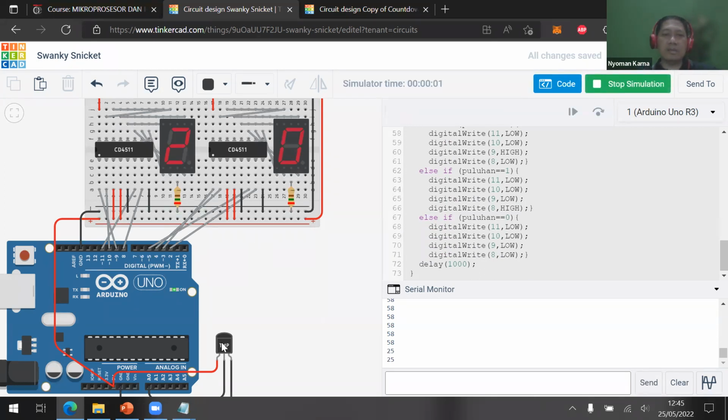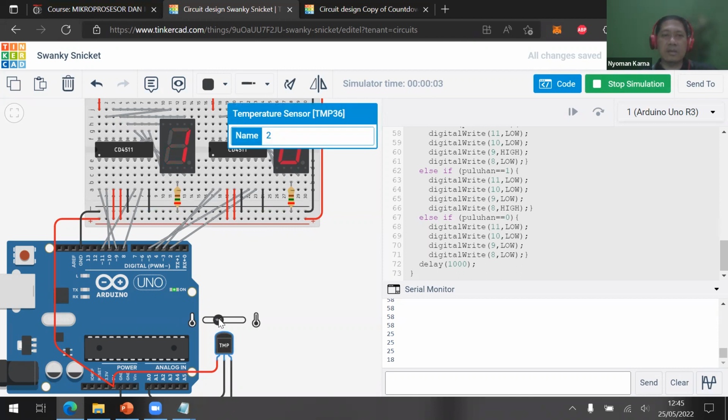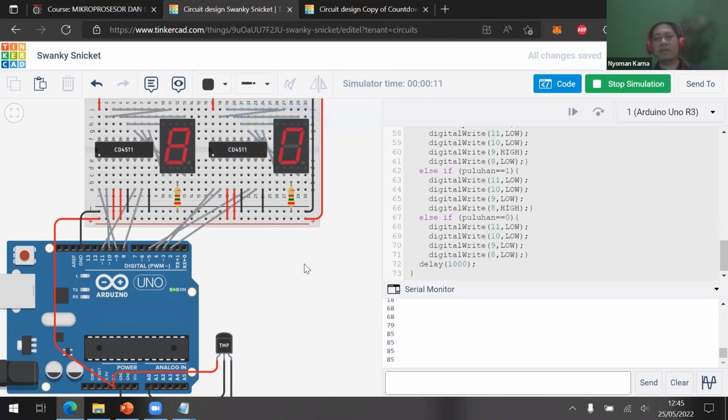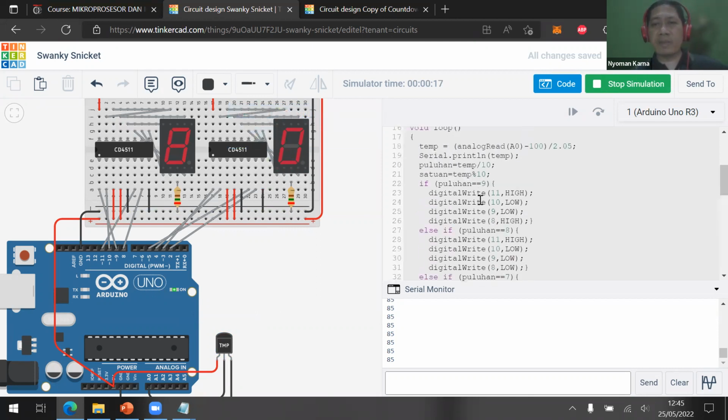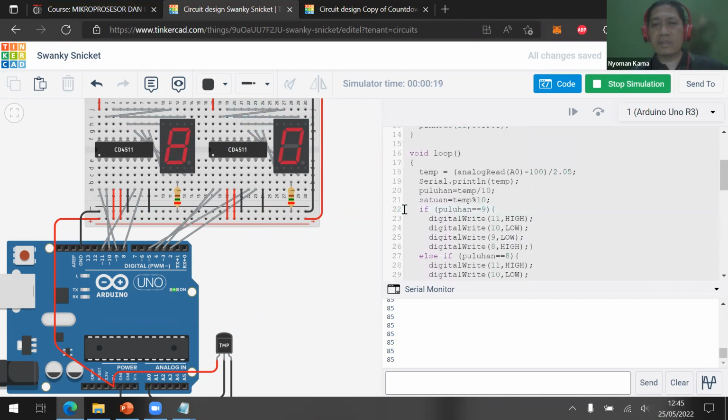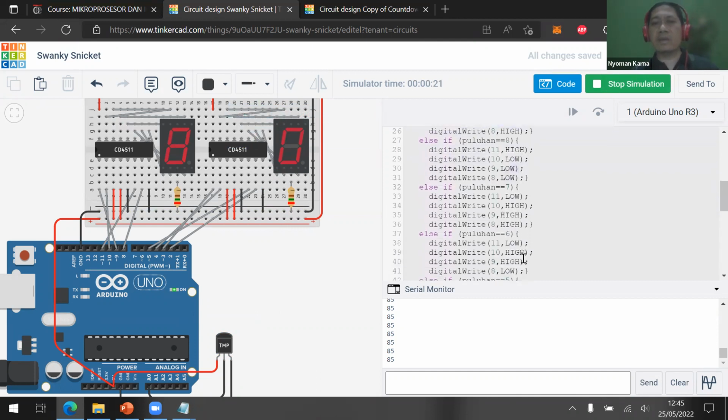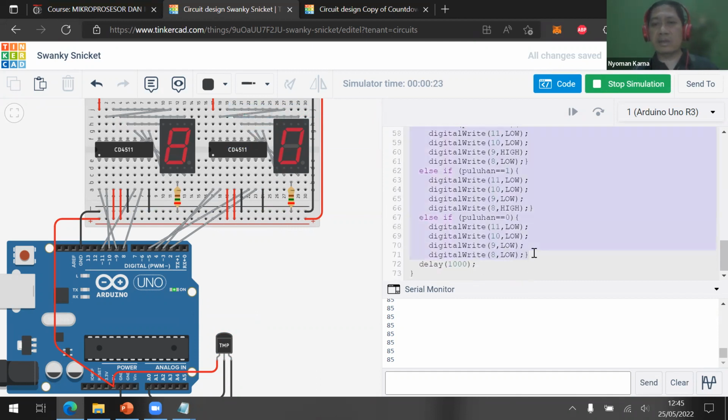That's it. Now it's 2, 1, 6, 7, 8, etc. Okay, now you can do the rest with the second 7 segment. Let's just copy the code.